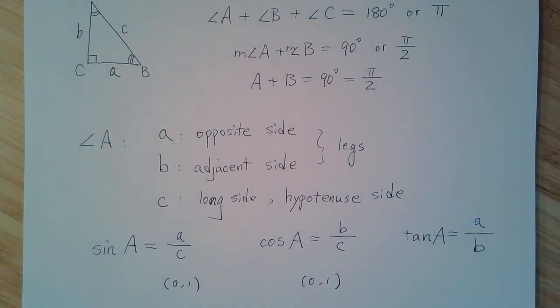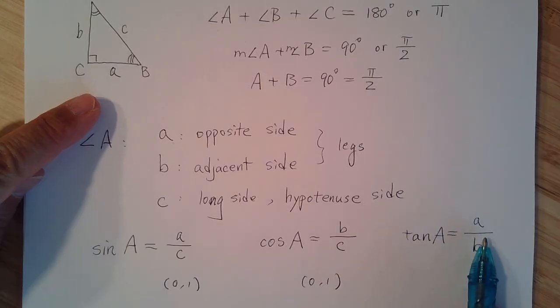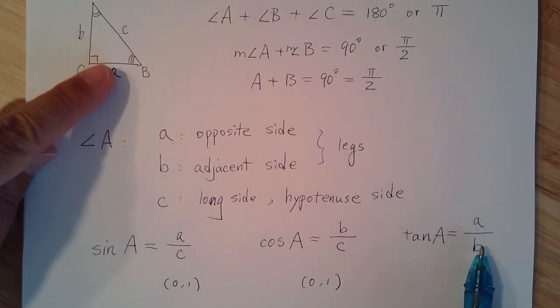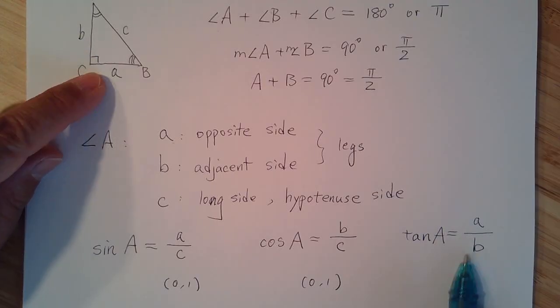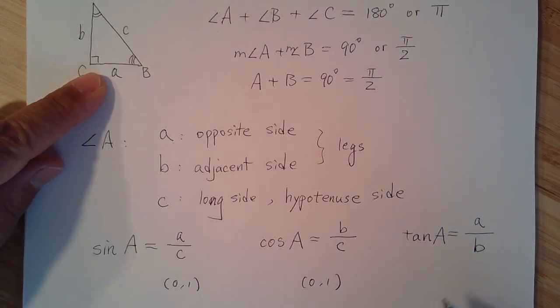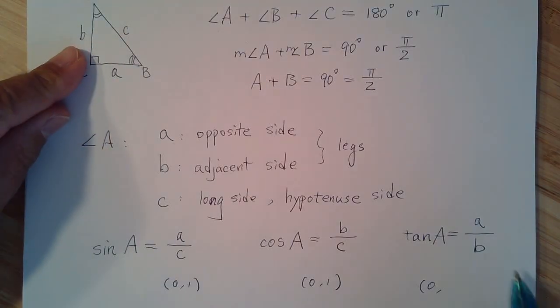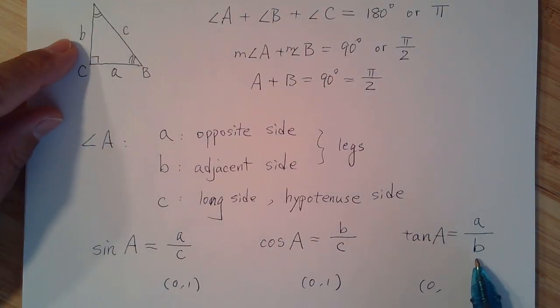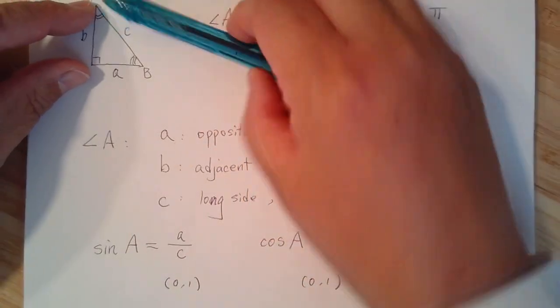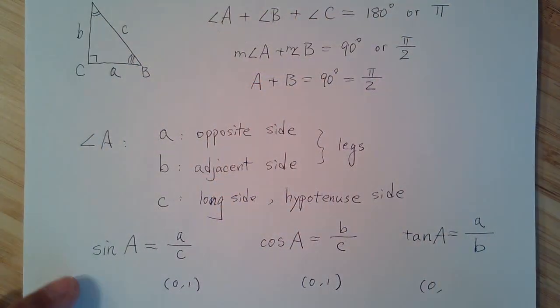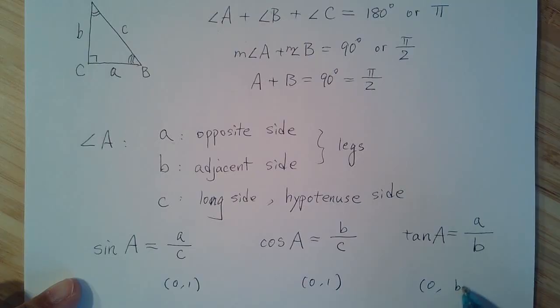Yep. And then tangent A is A over B. If A is really, really small and B is big, this number could be close to 0, but not 0. And if the denominator B is really small and A is big, then you're going to have a big number.